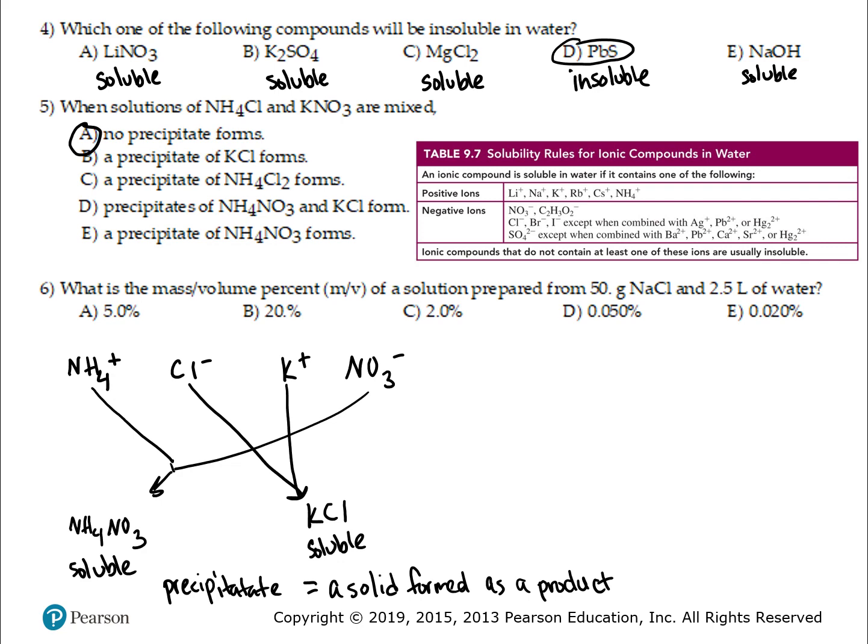Other questions about this? Yes, if one of the products was insoluble, then you would form a precipitate. So an example of that would be if we were to mix barium chloride and lead 2 nitrate.